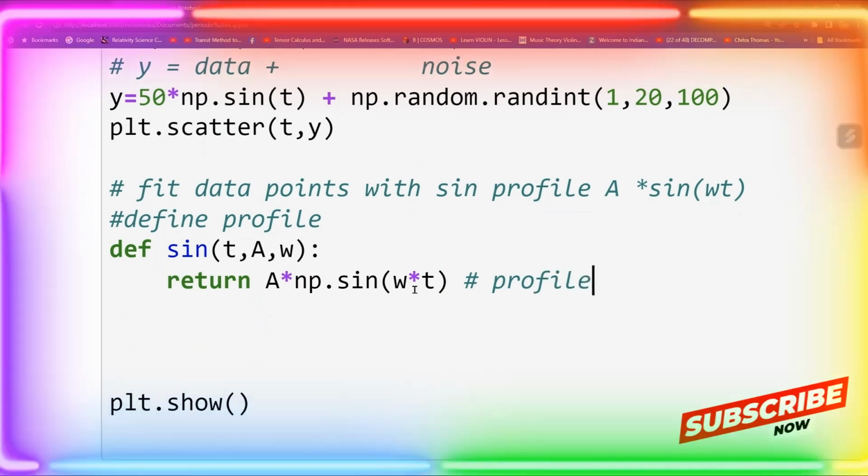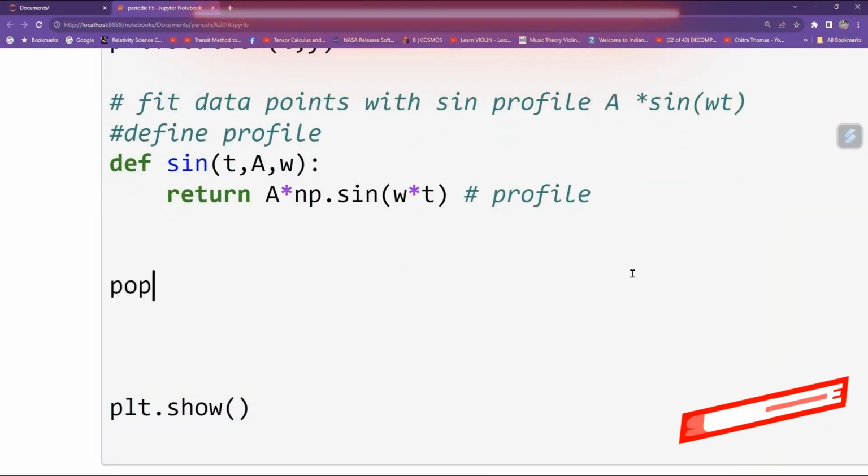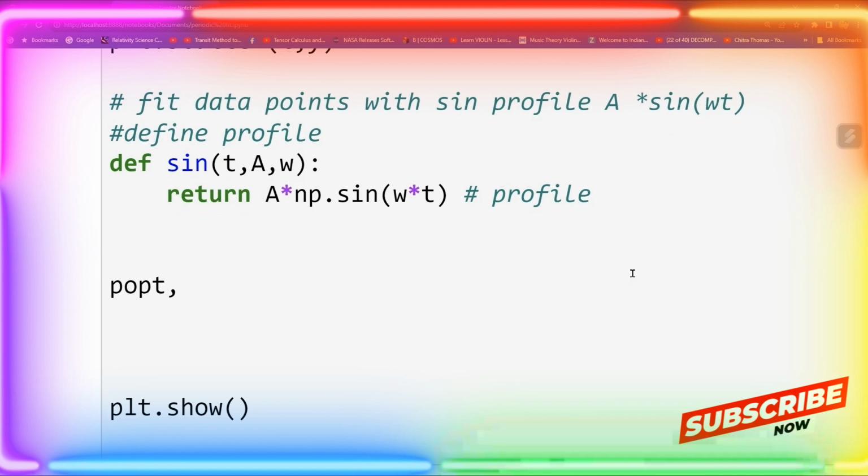Now what I will do, I will type here p of 50 is your optimized parameter and p covariance is your covariance matrix.